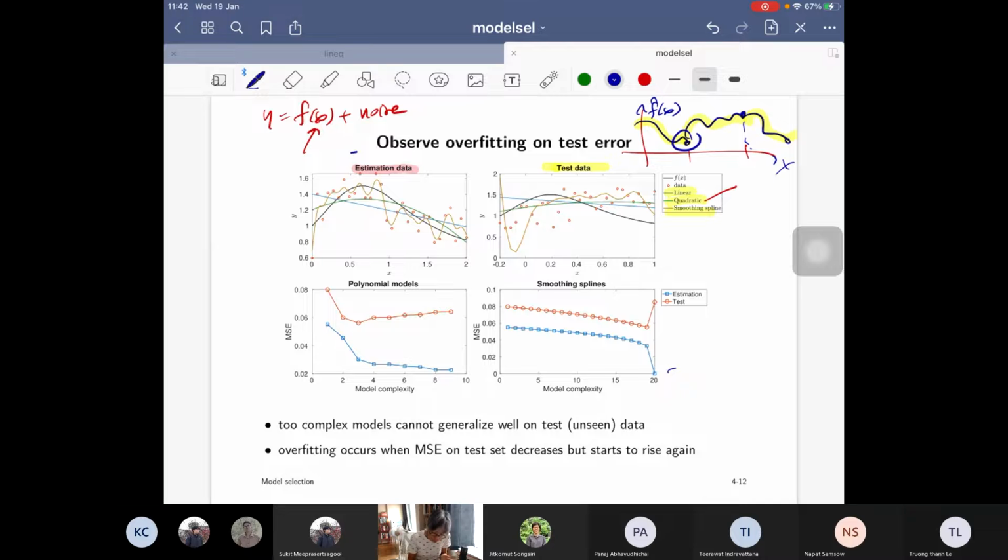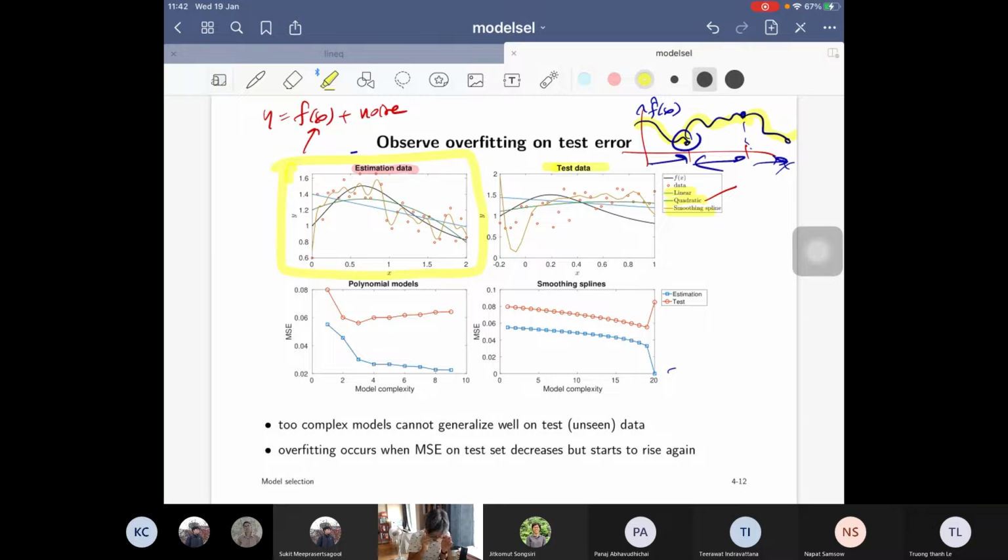because you have more flexibility. In each interval of x, you allow it to be a different description. Of course, you will see that on the left-hand side, the estimation data, the smoothing spline, the orange curve, can fit better to the data points.